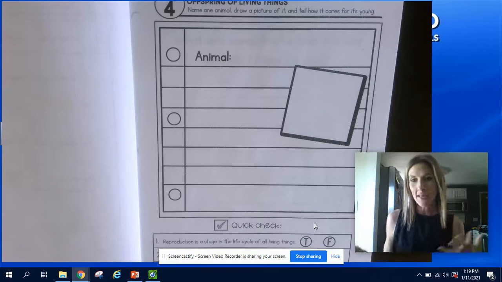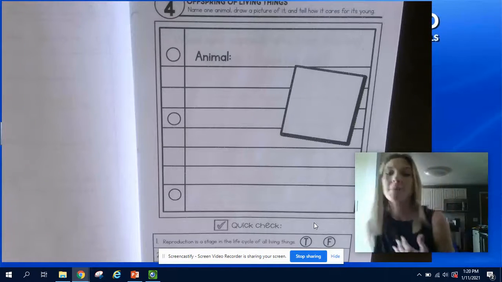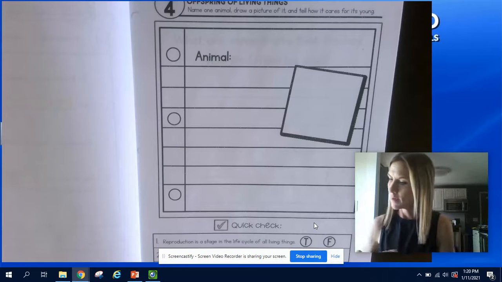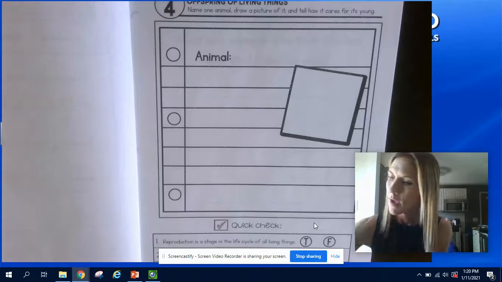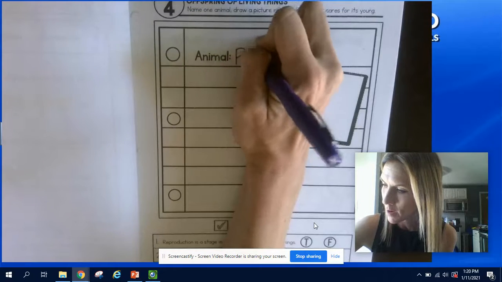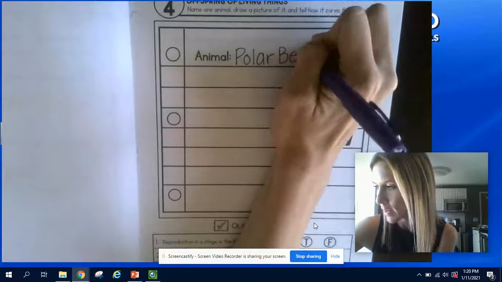So I want you to pick any animal. It can be an animal that we learned about in the slide earlier, or it can be an animal that maybe you already know about. So I'm going to think about the polar bear. That was in our slide.